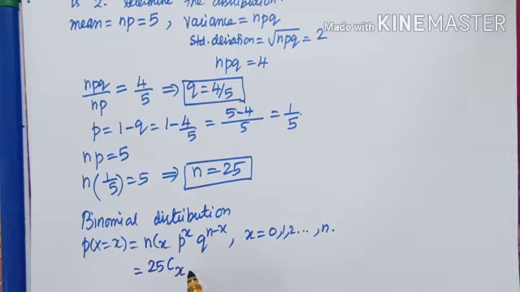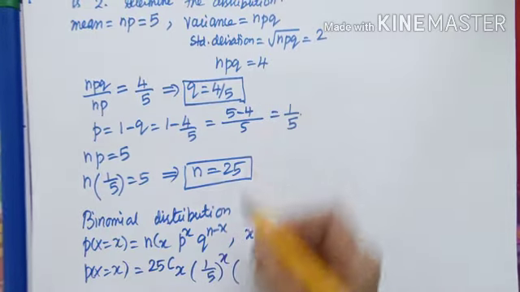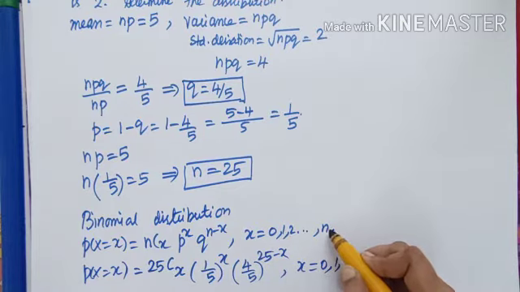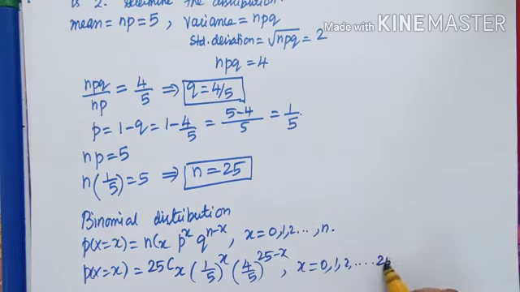C, x is not given, it ranges from 0 to n because we are writing only the distribution. p power x, p is 1 by 5 power x and q is 4 by 5 power 25 minus x. x ranges from 0, 1, 2 up to n. What is n? 25, and that is my answer.